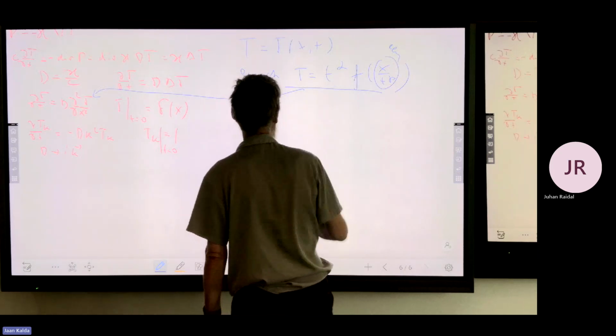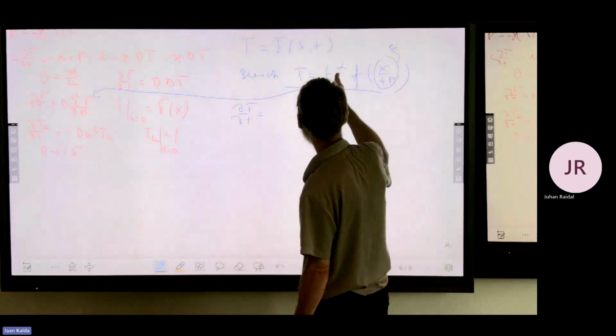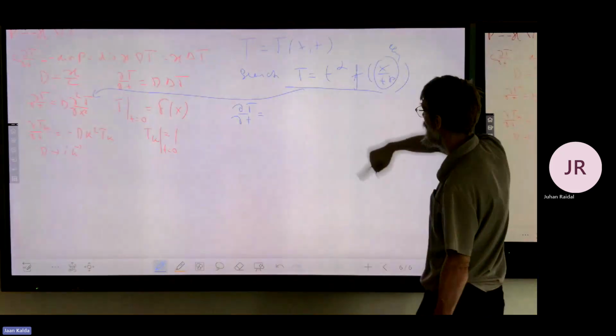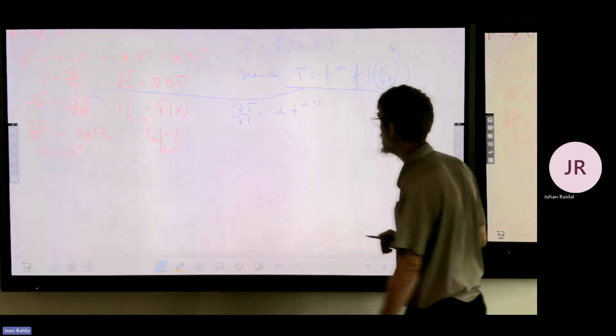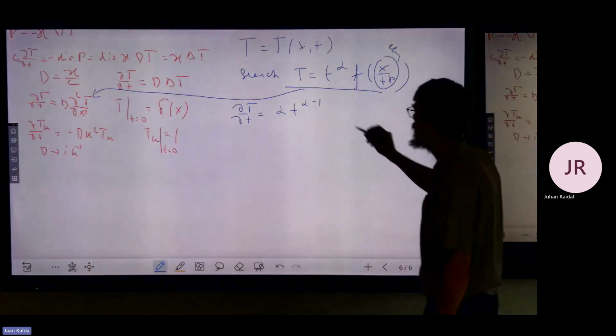We'll have dT over dt equal to, first, the derivative of t to the alpha, which is alpha t to the alpha minus 1, multiplied by f.